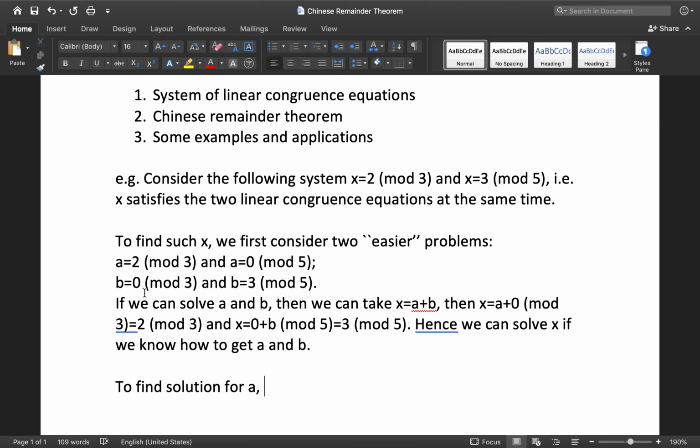So it tests whether you understand the method. You just change the numbers inside the congruence, and then the same method applies to b. So once you understand the method for a, b is just similar. So let's just try to solve a.